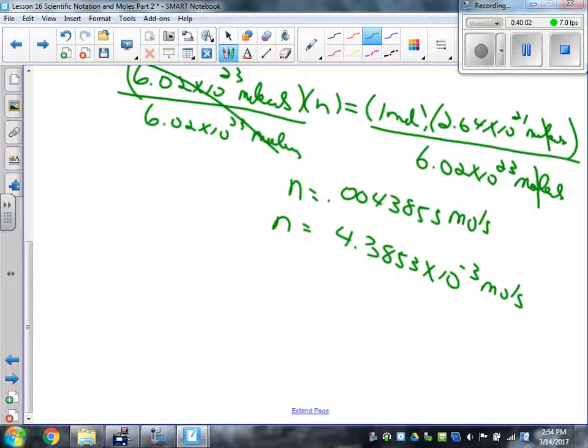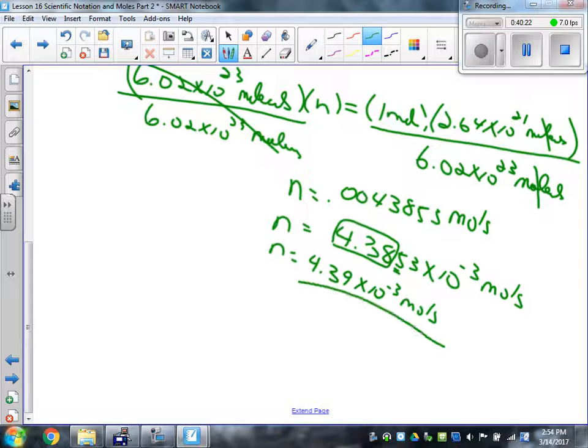The question had 3 significant digits, so let's have 3 here. 4.38, but the next number is a 5, so let's go to 4.39 times 10 to the negative 3 moles. That would probably be your best answer there.